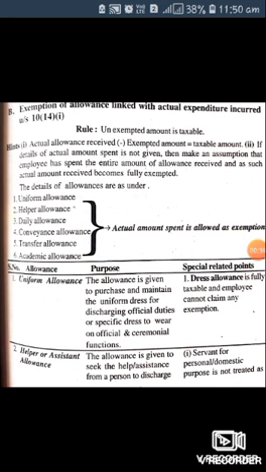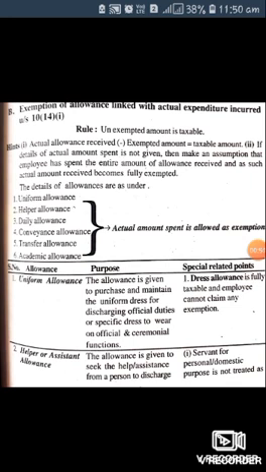So here we have some points which explain allowance treatment in terms of tax. Actual allowance received minus exempted amount, so the remaining amount is the taxable amount.